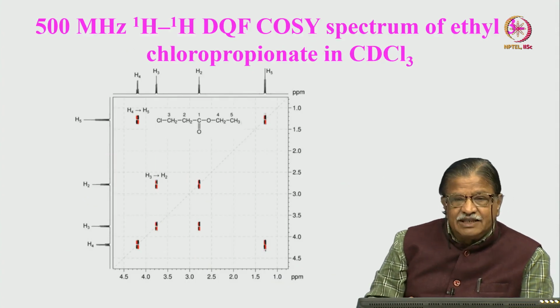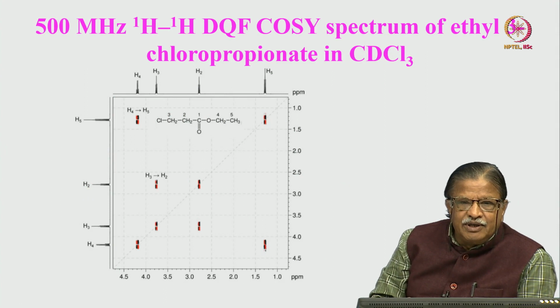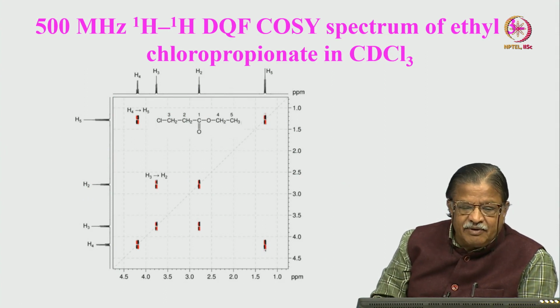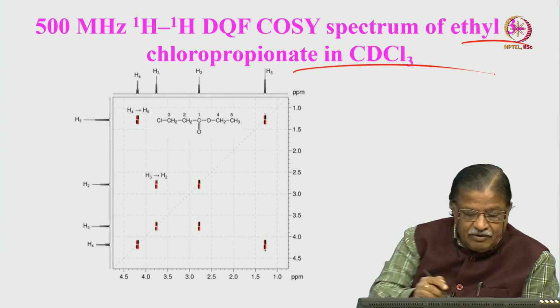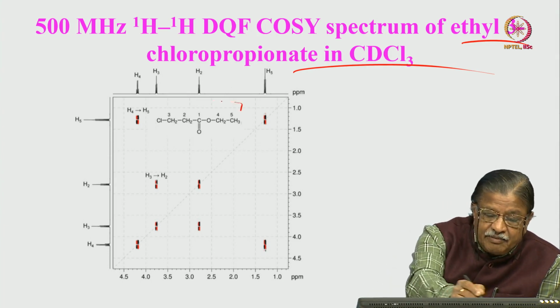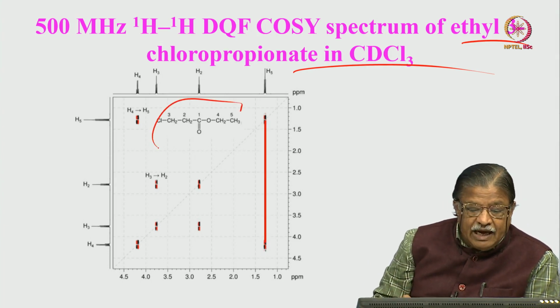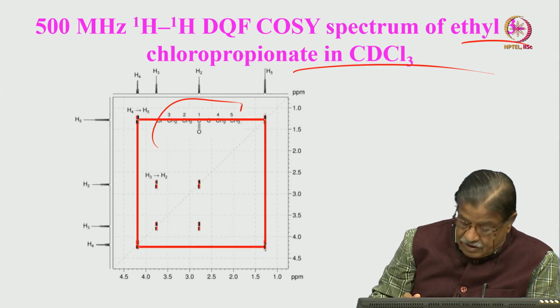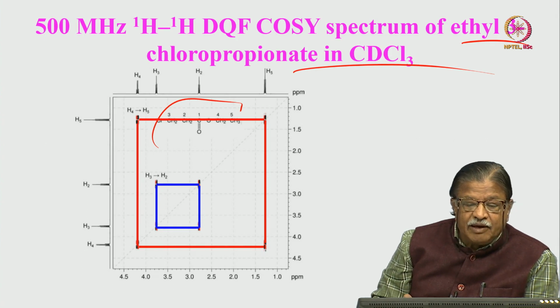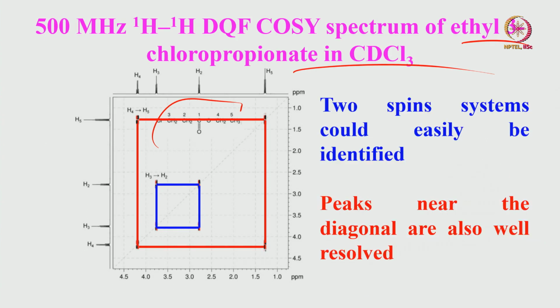Okay. This is a simple example to show how the DQF COSY spectrum is obtained on a molecule like this. This is the molecule structure, and you can see one peak, another peak, two spin systems are easily identified.